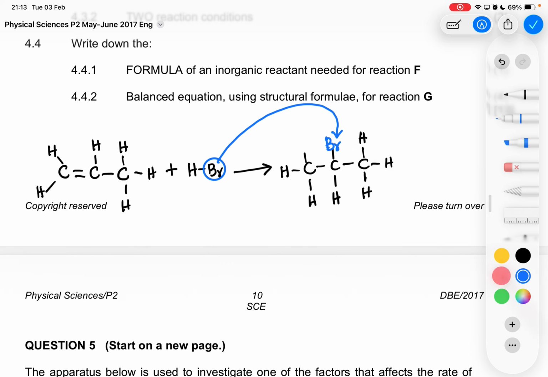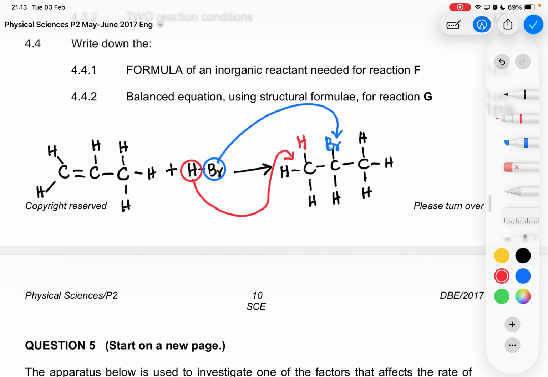And the hydrogen itself will go where there is more hydrogen. Thank you so much to Pasha. Thank you for the right recognition. So hydrogen will go where there are more hydrogens. That will be your Markovnikov.